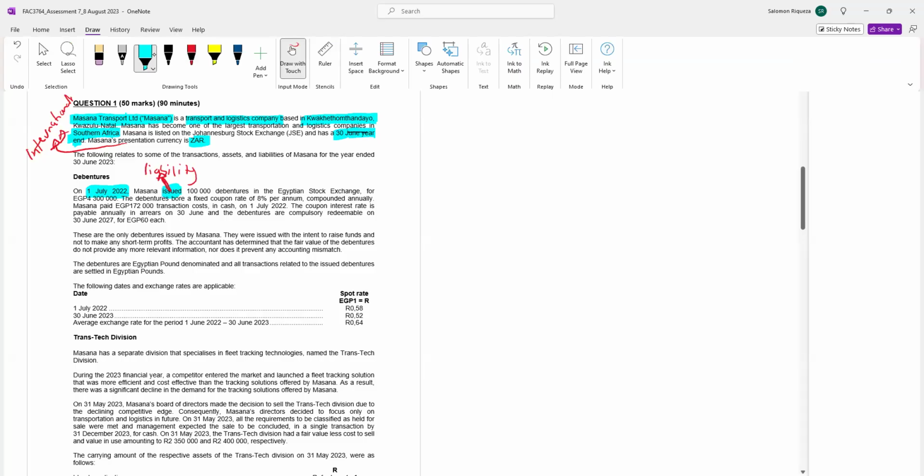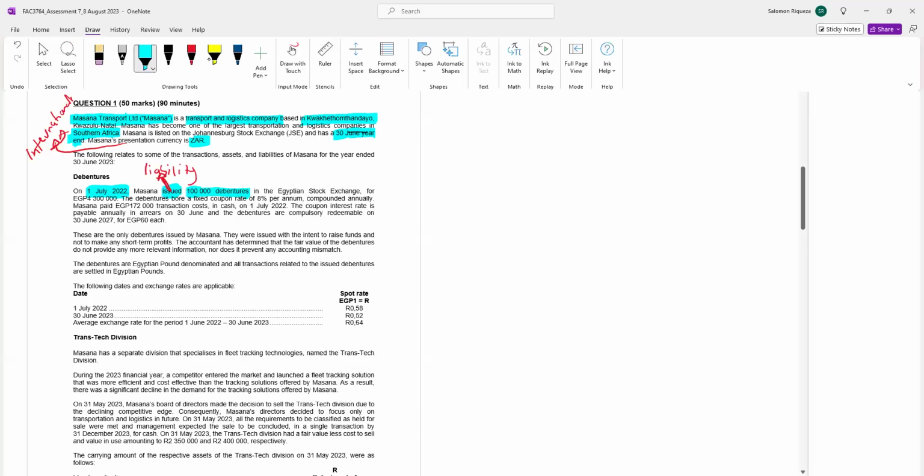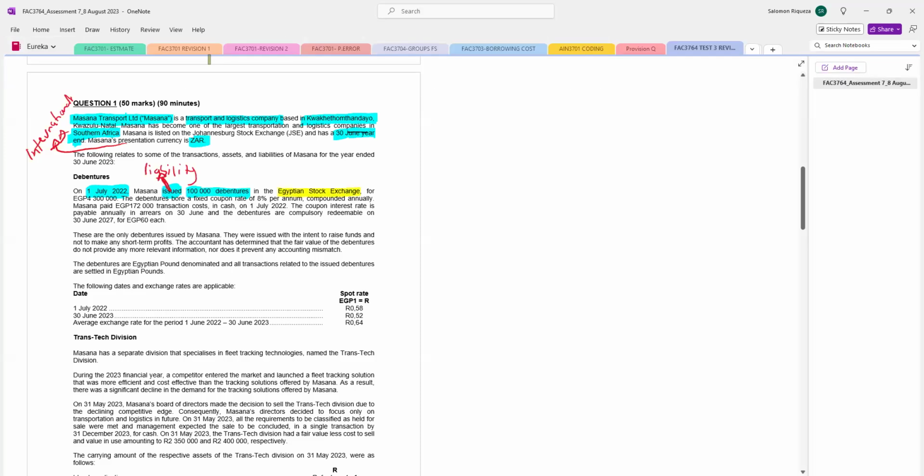On 1 July 2022, Masana issued 100,000 debentures in the Egyptian Stock Exchange, not the South African Stock Exchange. And remember, Masana is a South African company based in KwaZulu-Natal. So they are now trading in a different country.